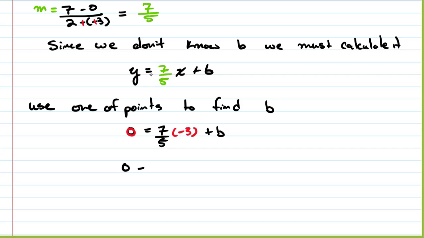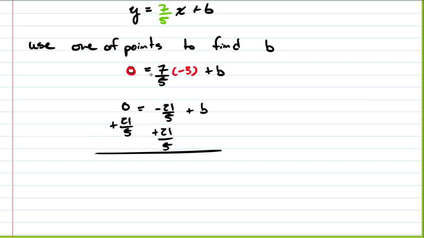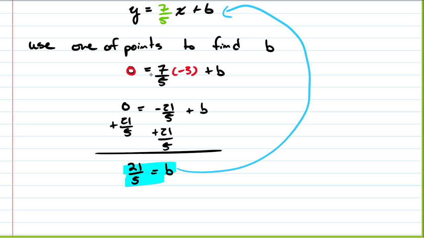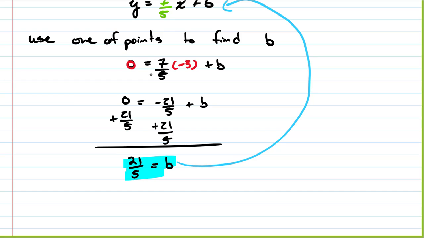So I have 0 equals negative 21 over 5 plus b. I add 21 over 5, and I add 21 over 5, and so I get 21 over 5 is equal to b. I now take that b value, and I'm going to put it back into the equation with the slope, giving me my final solution to the problem.